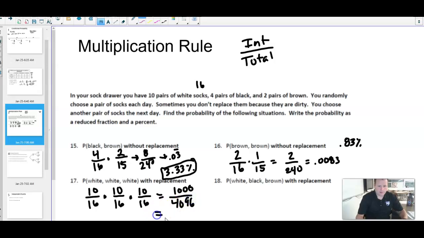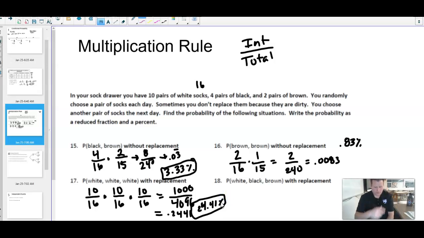And then I'll divide those and multiply by 100. When I divide them, I get 0.2441, which will be 24.41%. And that'll be my answer on that one.